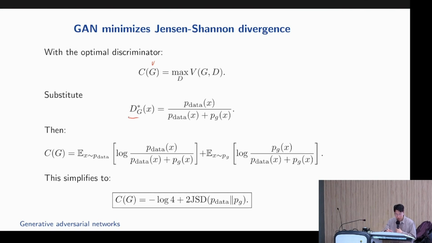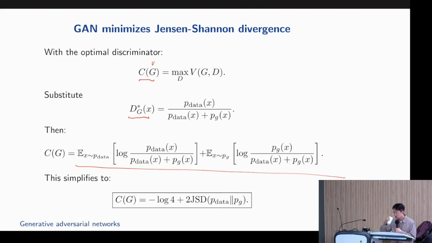So we worked out that for a fixed generator, the optimal discriminator is the following. So in the objective, the remaining variable is G, the generator. Let's plug the optimal discriminator into the equation. So we got this formula here.